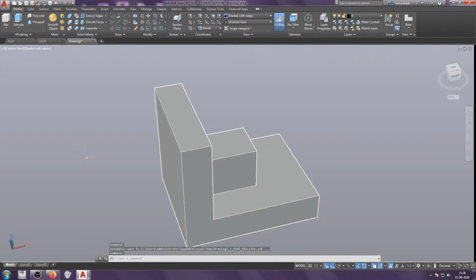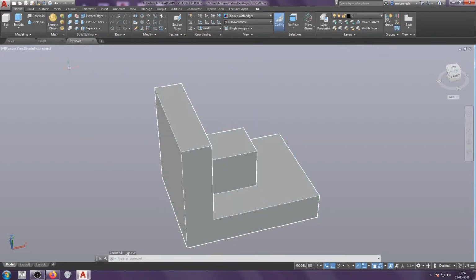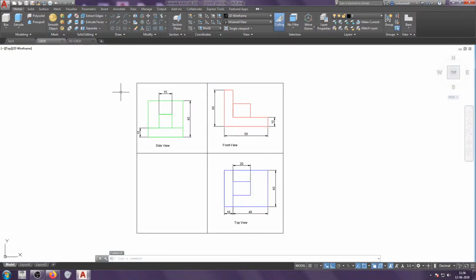I'm gonna save the solid as well. I've saved both of these files, okay, for your reference.